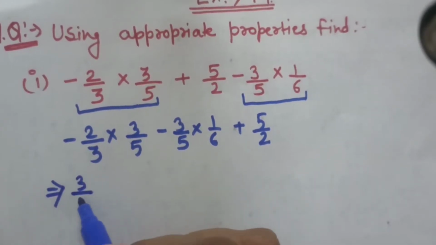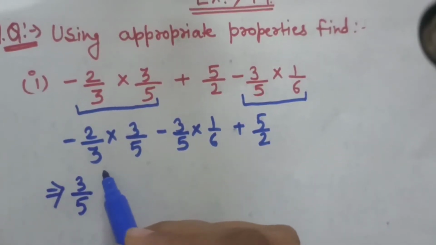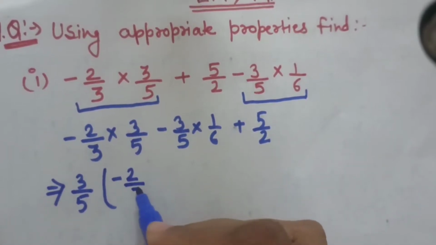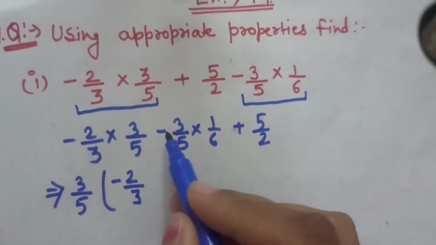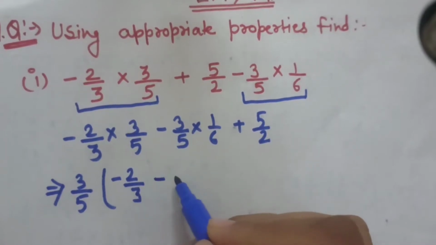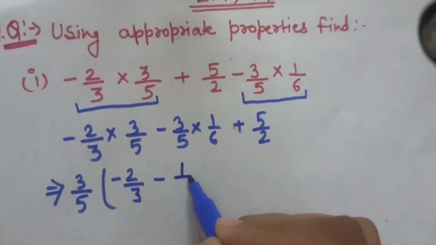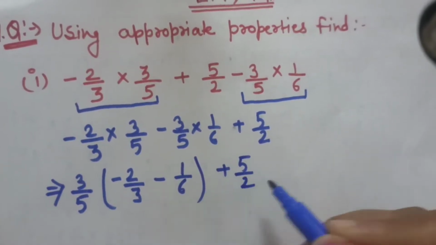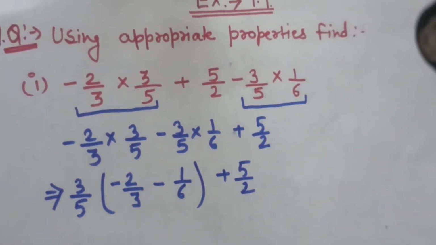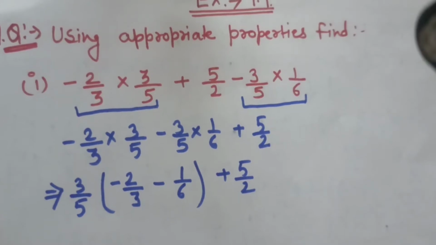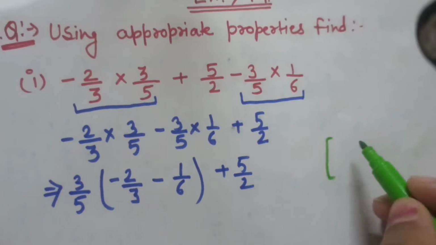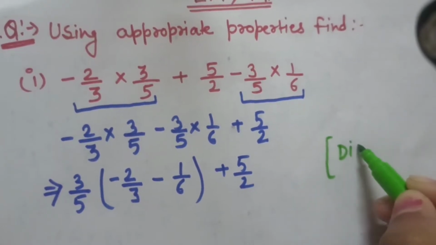So 3 by 5 we will take common. What will we get? Minus 2 by 3 minus, same will remain the same, and 1 by 6 plus 5 by 2. Now can you tell me what property we have applied here? We have applied the distributive property.